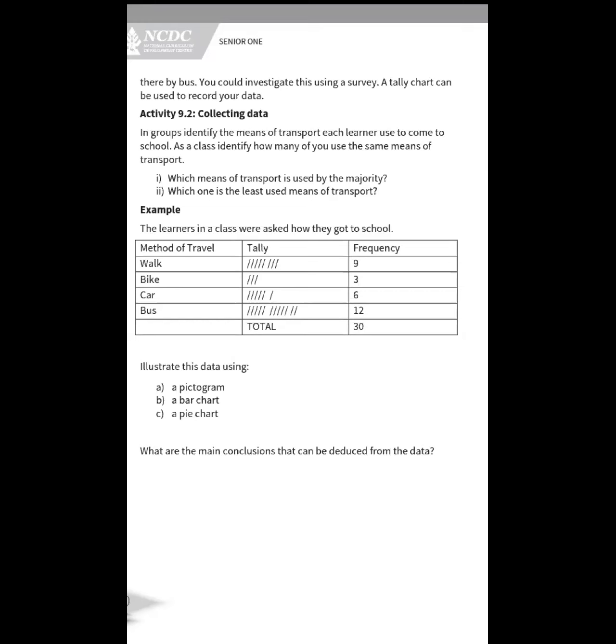Then a bar chart. Charity, do you want to explain what a bar chart is? Okay, she dropped. A bar chart, this is basically where we use bars.